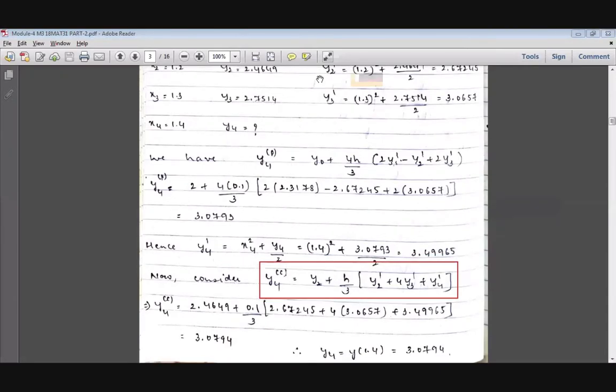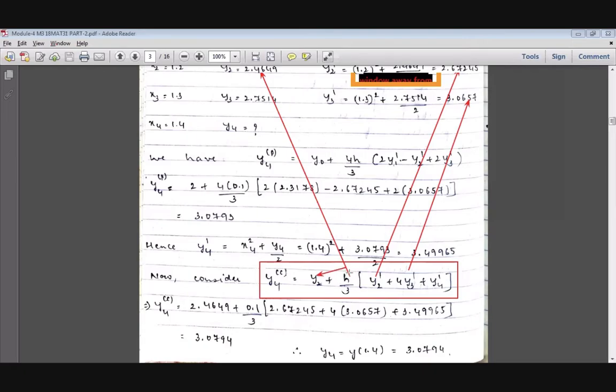We have y2 here, then y2 dash here, then y3 dash here. H we know, sorry, not this, this y2. H also we have here. Okay, the difference between these two, but we don't know what y4 dash is.